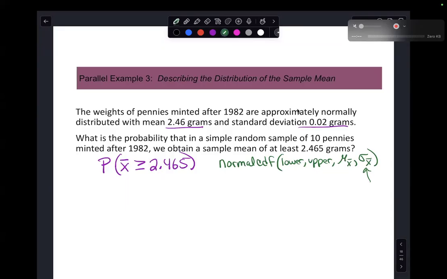So I'm going to calculate that right now. It's the population standard deviation divided by the square root of the sample size. And I can't do that one in my head.